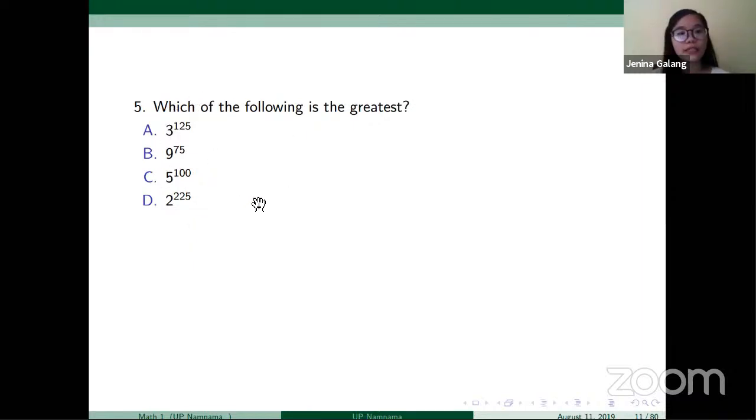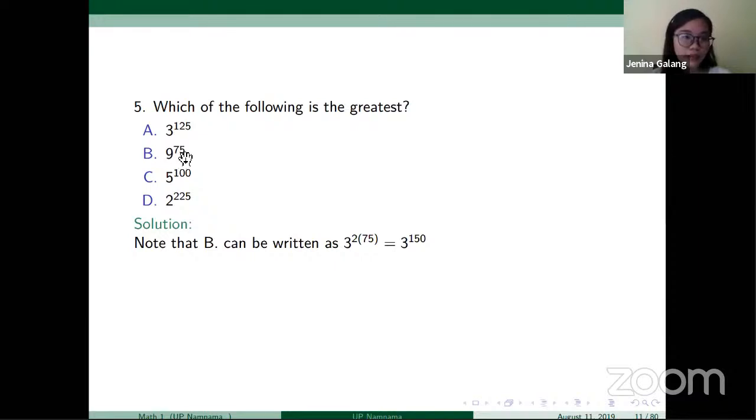So ang approach natin dito is isulat muna natin yung 9 raised to 75 as this. So we have 3 raised to 2 times 75 is equal to 3 raised to 150.